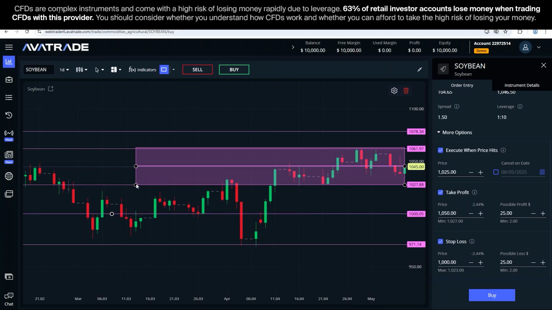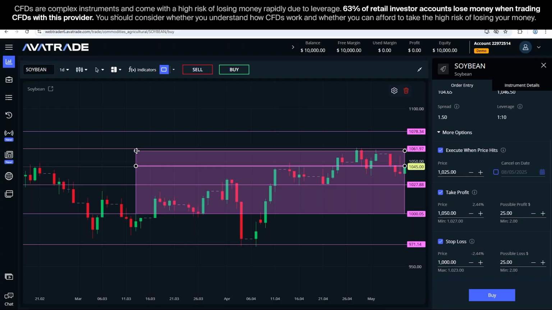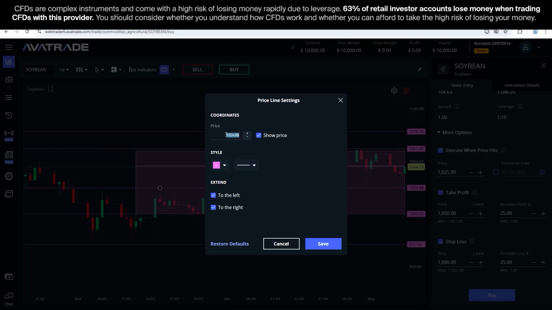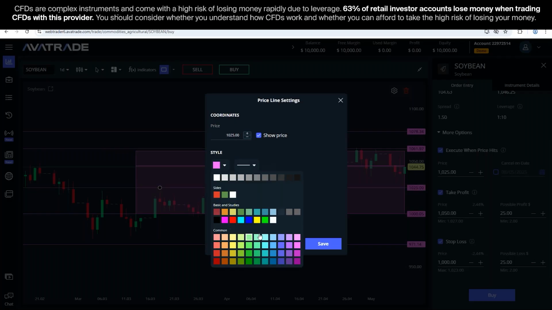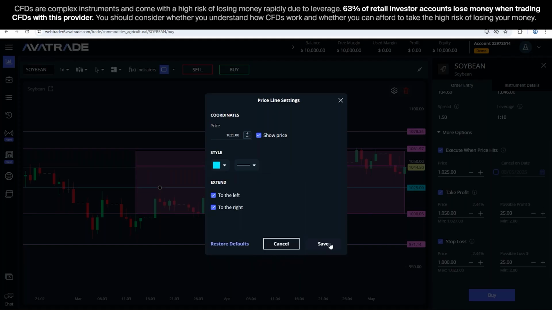And we're going to extend our loss area. So this is where we are at. This will be our entry. Maybe we'll make it a flat 25, and paint it also in turquoise.